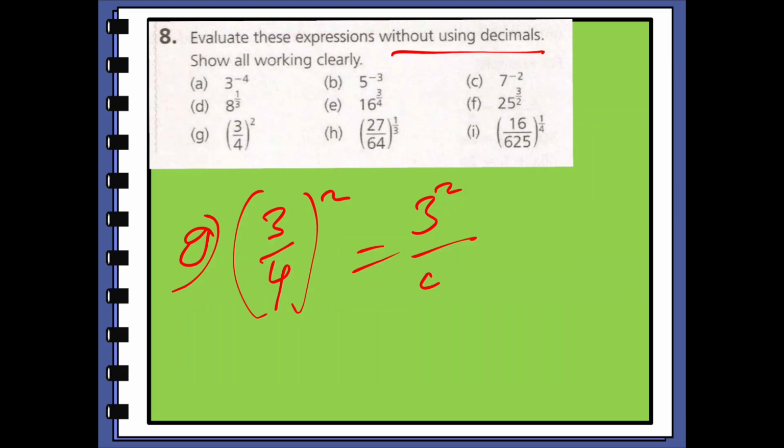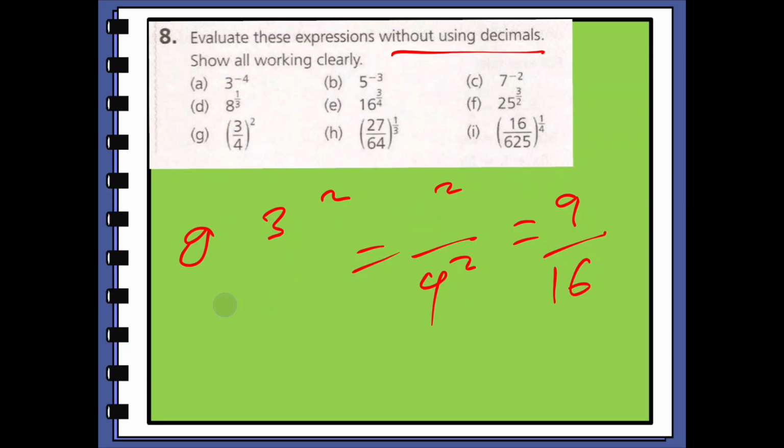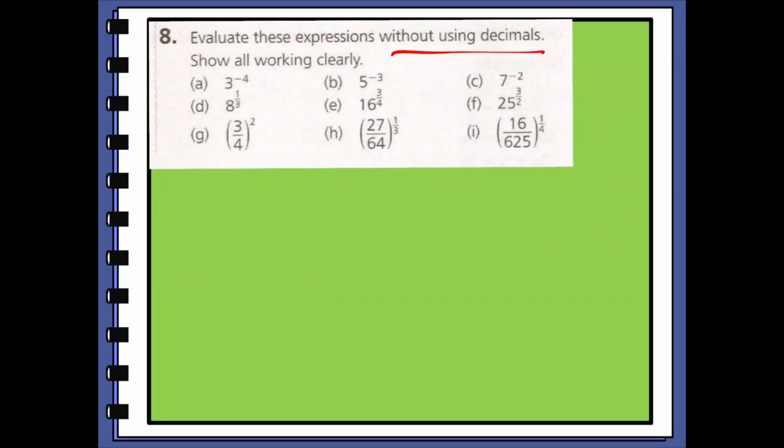So it will be 3 power 2 over 4 power 2, which is 3 times 3, that's 9, and 4 times 4, that's 16. So the answer is 9 over 16.